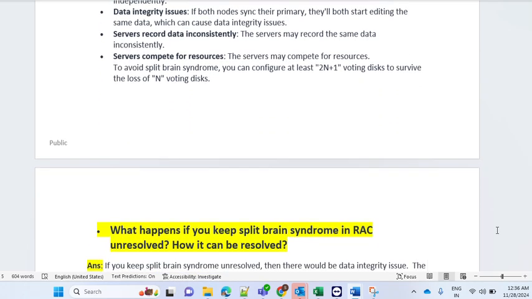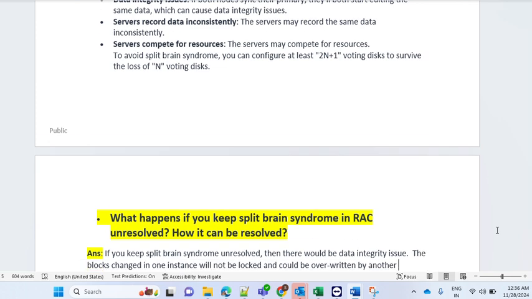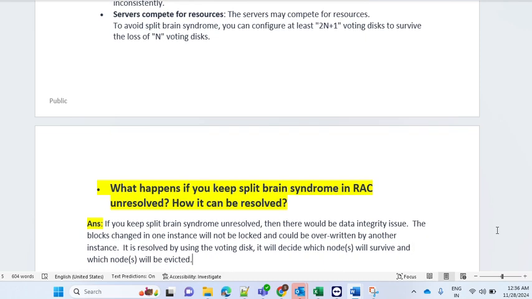So the next question is, what happens if you keep split brain syndrome in RAC unresolved? How can it be resolved? If you keep split brain syndrome unresolved, then there would be a data integrity issue. The block changes in one instance will not be logged and could be overwritten by another instance because they will not be able to communicate.